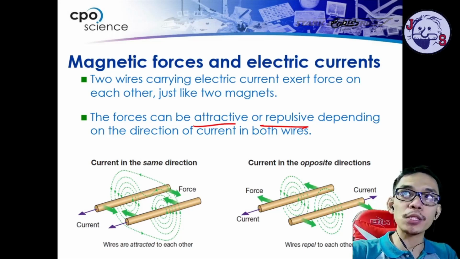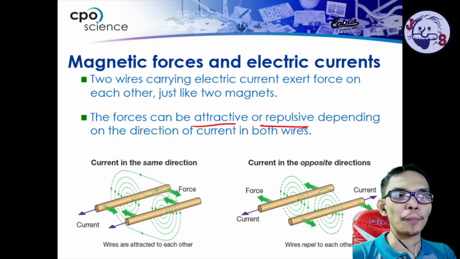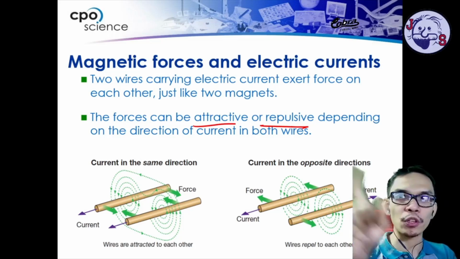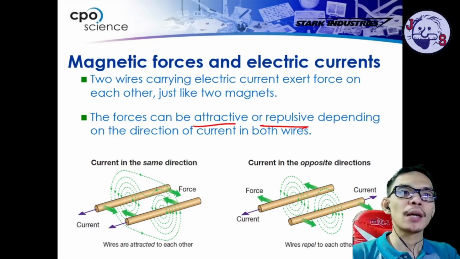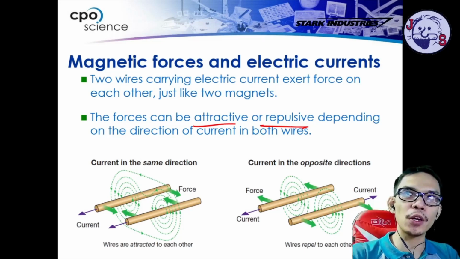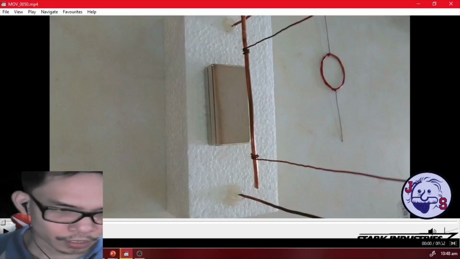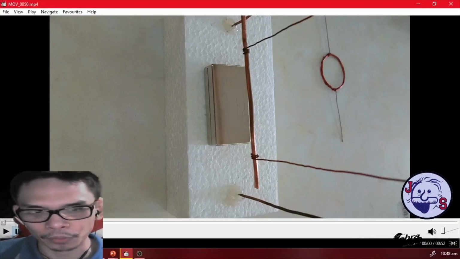Since we are talking about magnetic forces, what will be the effect of another magnetic field on the current carrying wire that we talked about earlier? That's it for this particular part of the video, called magnetic field around the current carrying wire. This is the second part of our video lesson about electric motors.